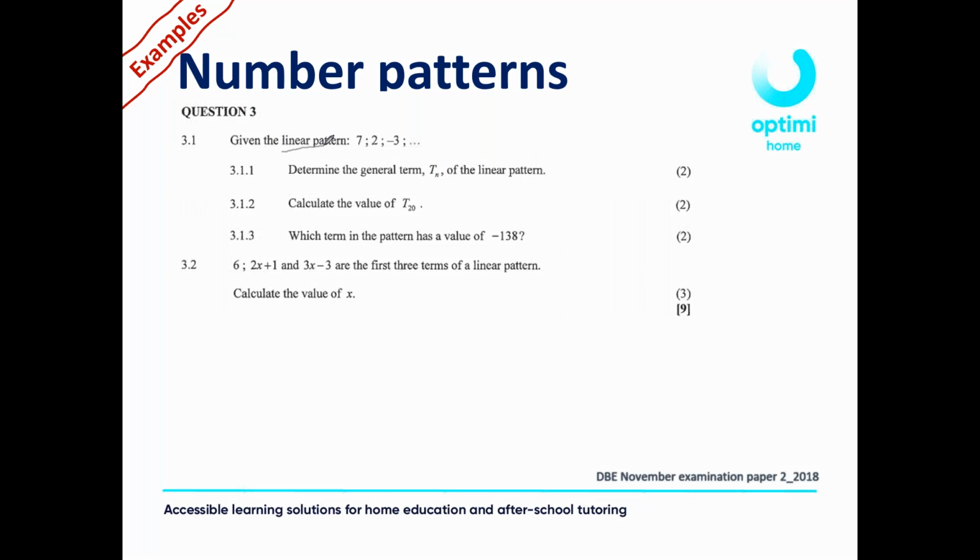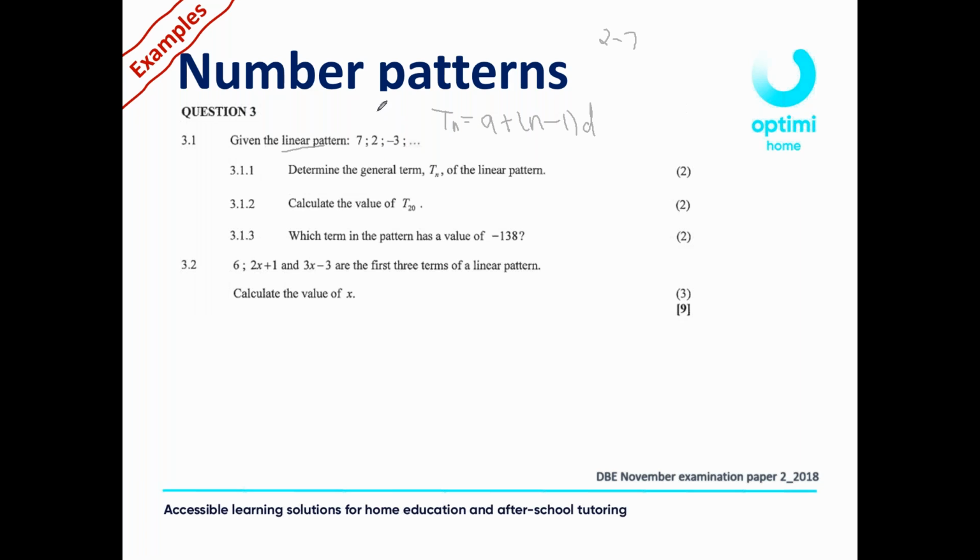Okay, so because I'm working with a linear pattern, I already know that I can make use of this equation. And I can calculate my D because I have all of these terms. You can do that on the side of the paper or as part of your question, it doesn't matter. So you will have 2 minus 7.